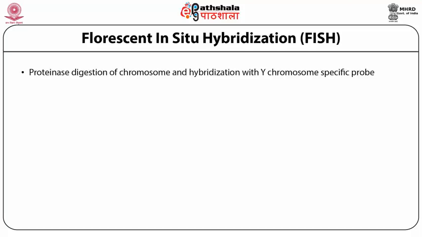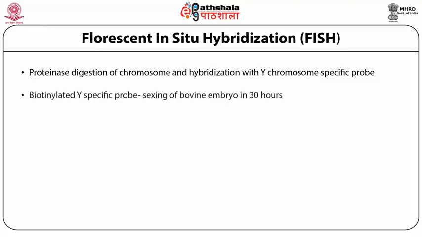After proteinase digestion of chromosomes that results in removal of proteins, histone proteins, the specific probe labeled with fluorescent dye is allowed to hybridize with the genetic material. If the Y chromosome is present, fluorescence can be observed. If the Y chromosome is absent, in case of female, there will be no fluorescence.